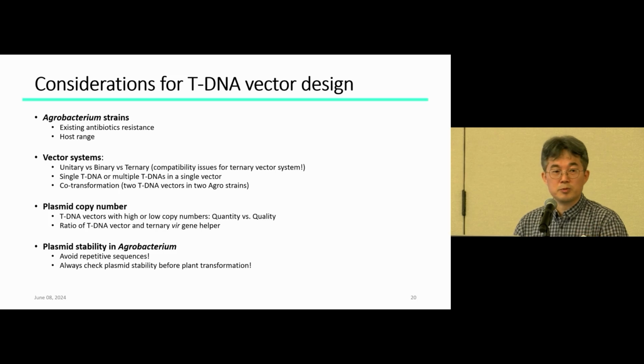If you compare the transformation frequency, there's a huge difference. However, there's a trade-off. If your DNA delivery has no issues and you are more focused on quality events, meaning clean single-copy delivery, then a low copy number binary vector can be useful.